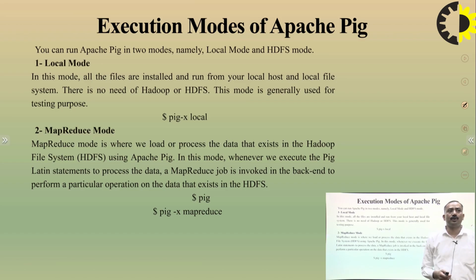Also we have MapReduce mode. In this MapReduce mode, we load and process data that exists in the Hadoop file system, HDFS. In this mode, whenever we execute a Pig Latin statement to process the data, a MapReduce job is invoked in the backend to perform a particular operation on the data that exists in the HDFS.